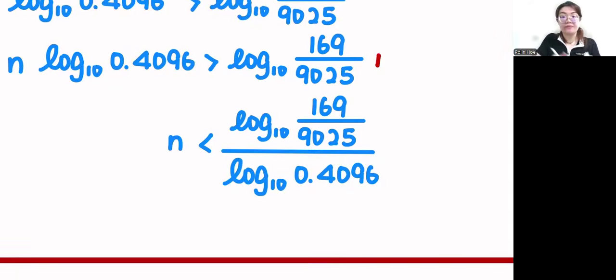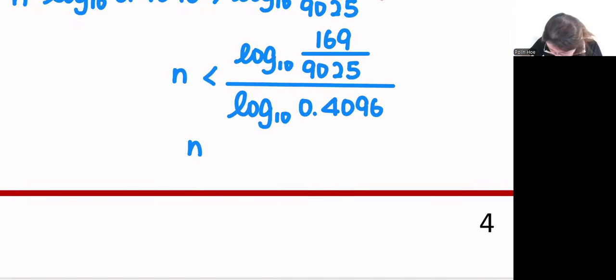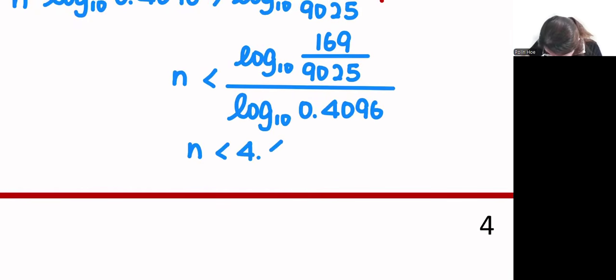They want to see this. I get 4.457, and n is equal to 4.